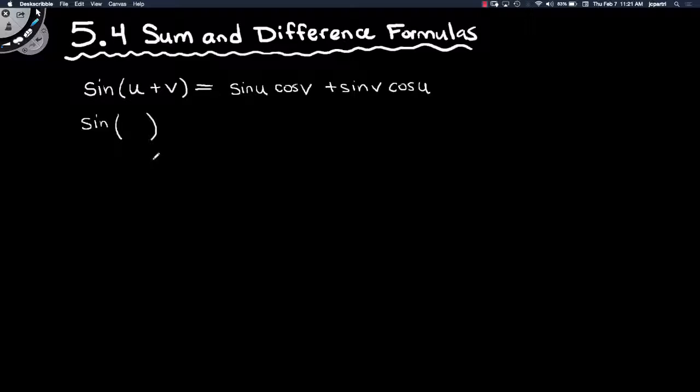So let's say I had sine of 7 pi over 12. Now it turns out that 7 pi over 12 is the same thing as pi over 3 plus pi over 4.